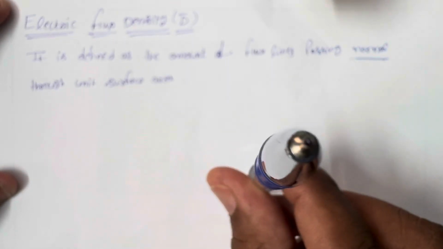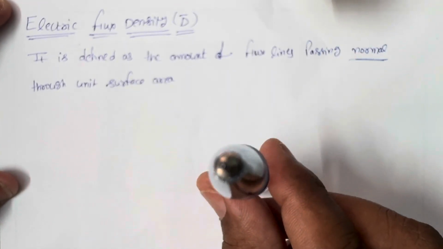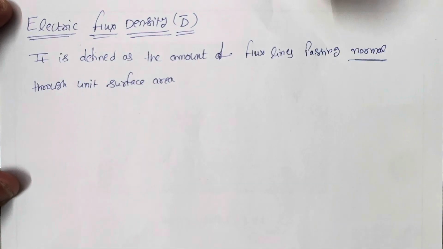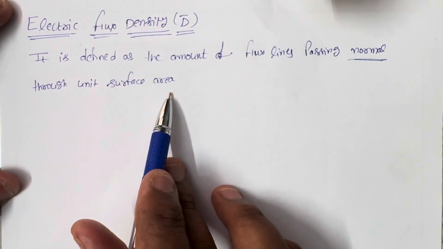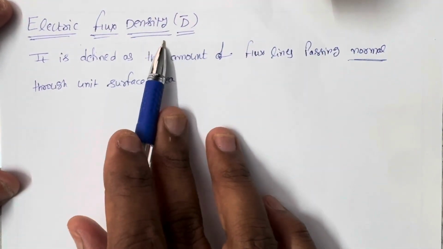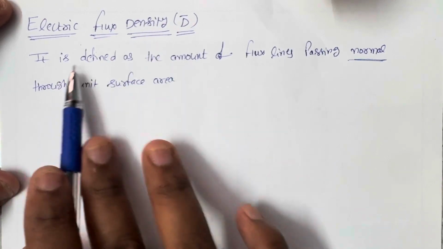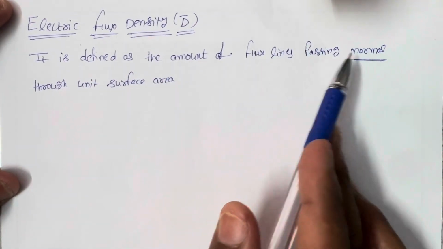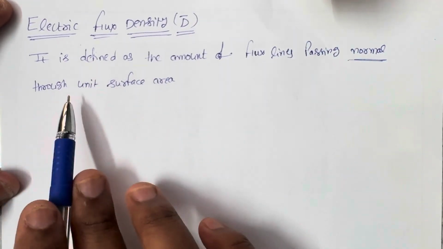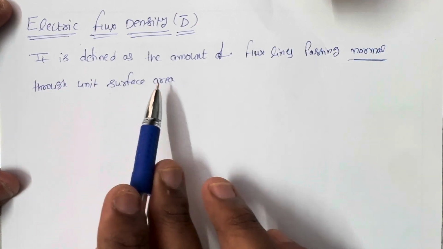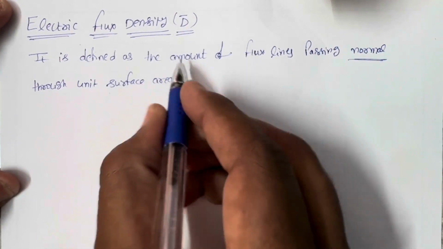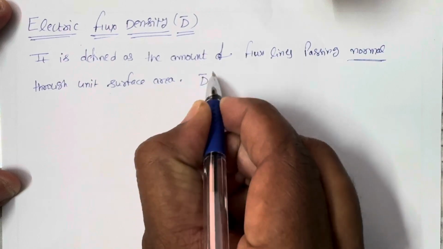We are placing it perpendicular to the paper through unit surface area. That is called electric flux density. It is defined as the amount of flux lines passing normal through unit surface area, and it is represented as D bar.